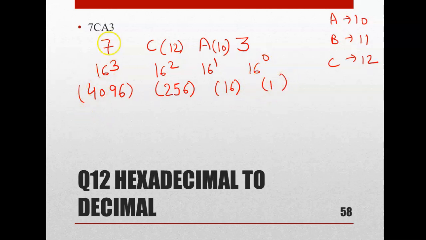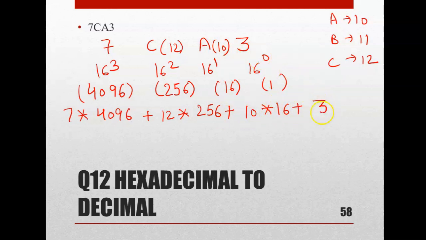Okay, now you have to multiply these values. So 7 into 4096 plus C, which is 12, multiplied by 256, plus A, which is 10, multiplied by 16, and the remaining value 3 multiplied by 1.